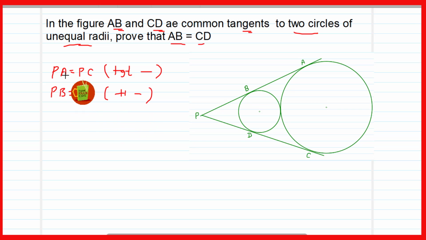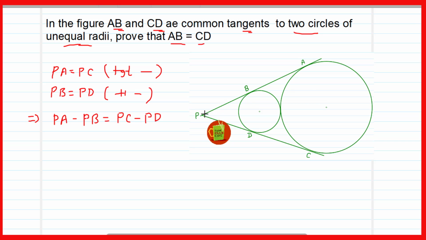And now if you subtract these two, you will get PA minus PB is equal to PC minus PD.